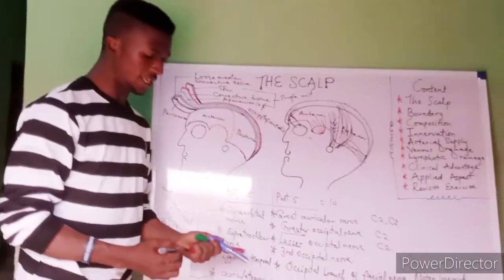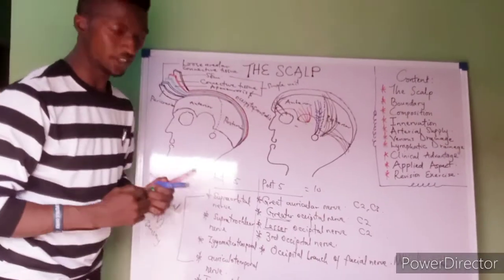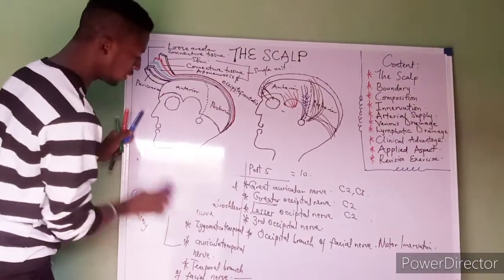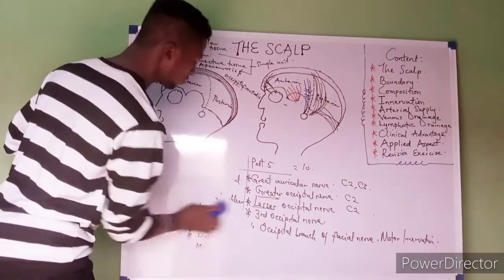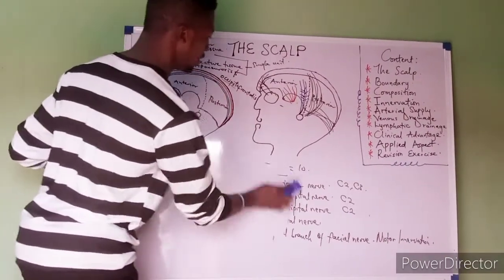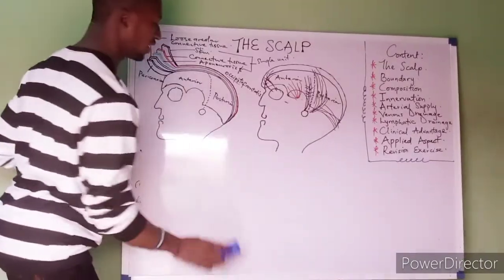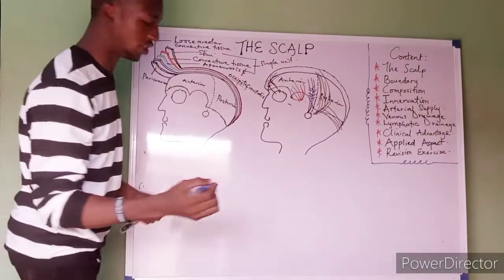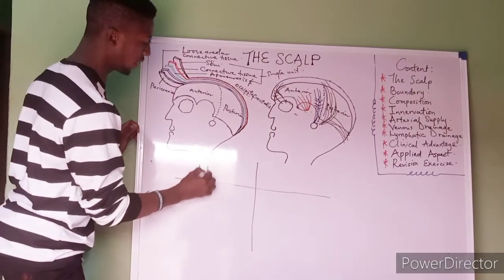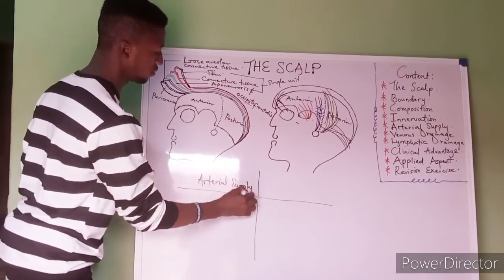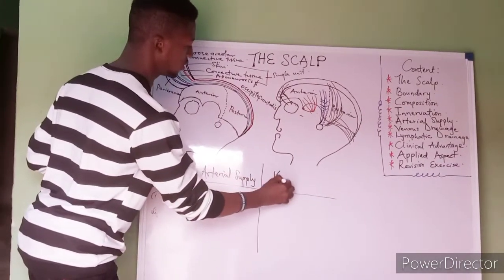Now let's move to the arterial supply and venous drainage. Quickly, we cover this in a single fold by saying that we have about 5 arterial supply and 5 venous drainage. This is the arterial supply, and this is the venous drainage.